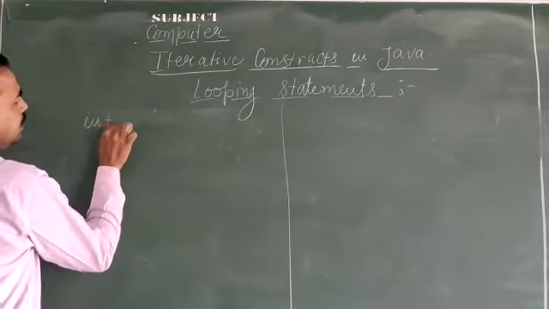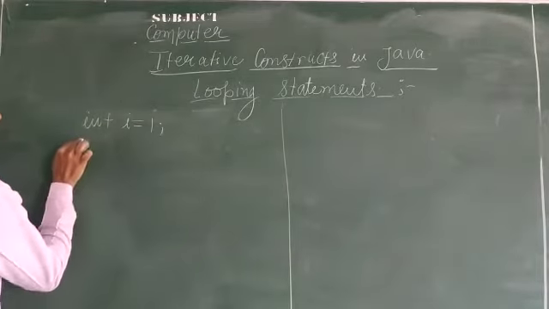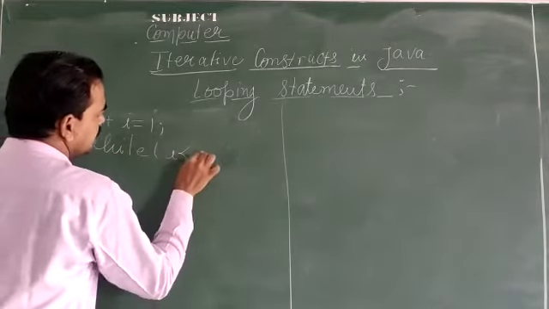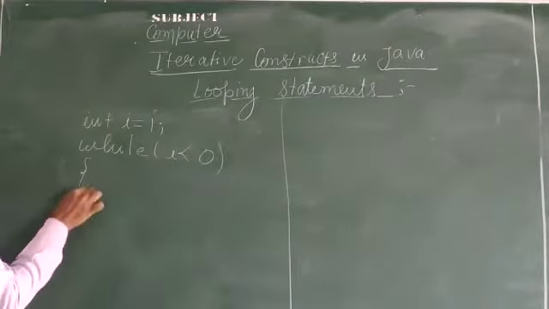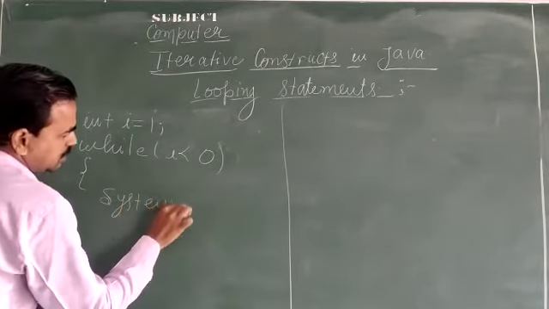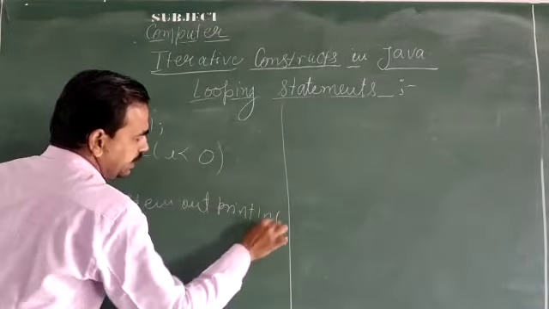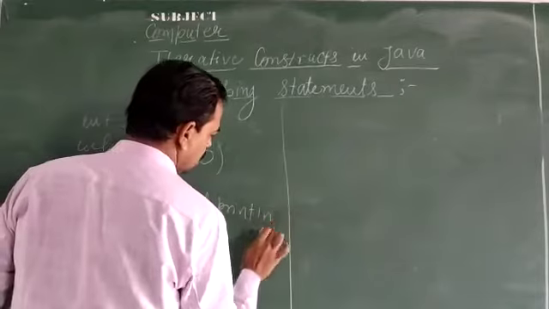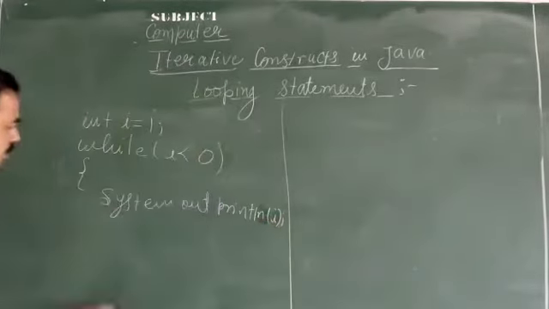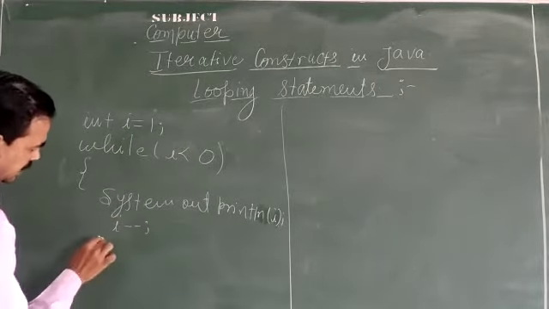Look, int i is equal to 1, while i is less than 0, System.out.println, i minus minus.